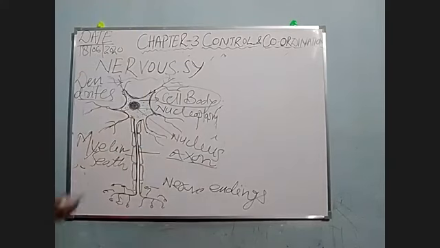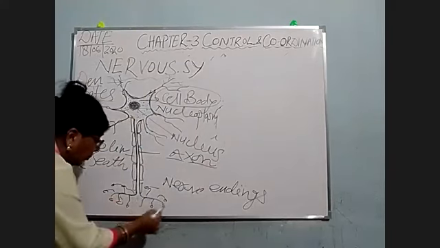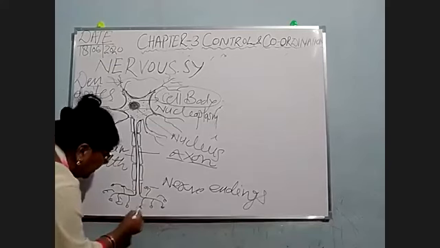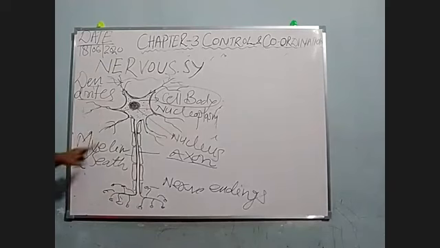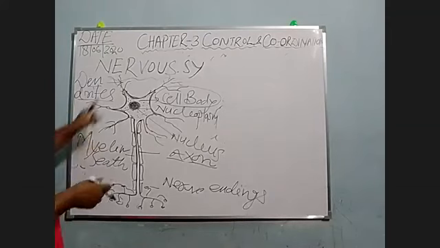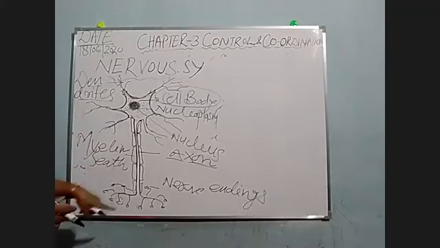In the lower portion is a cord-like structure known as the axon, which finally branches to form the nerve endings. Neuron is the longest cell in our body. It may be 1 meter or a few meters long, depending on its function and where it carries the message from.